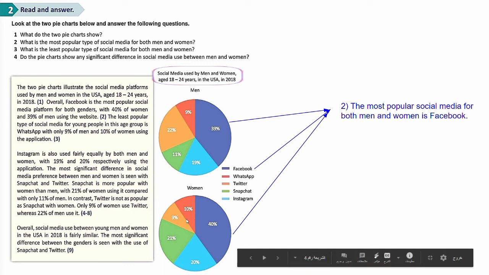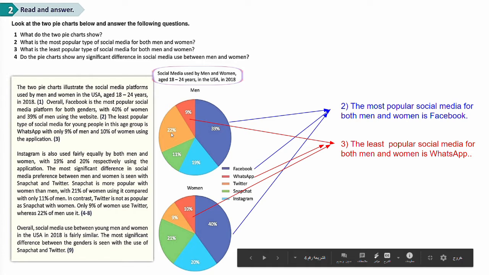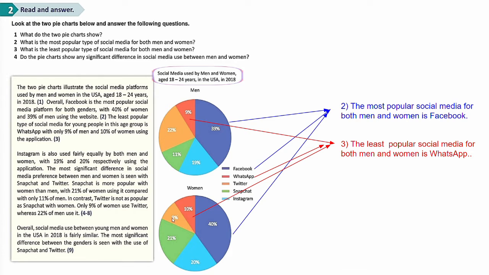also here we can say that WhatsApp also, or maybe Twitter, is the least, but for both it is WhatsApp, because for men Twitter has a higher percentage. If we group the percentages of WhatsApp, we have 19% for both, but we have 31% for Twitter.